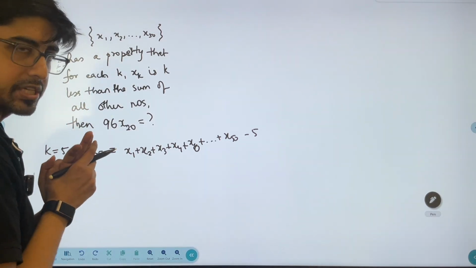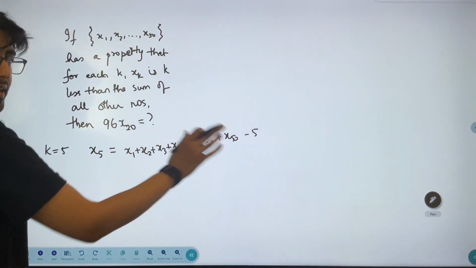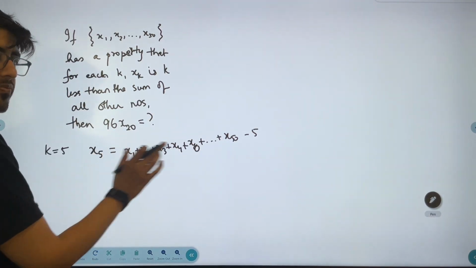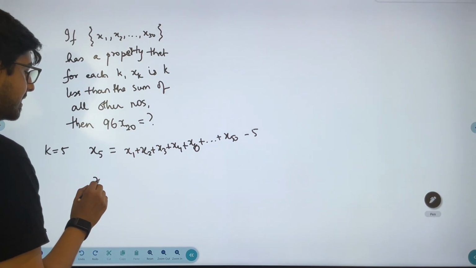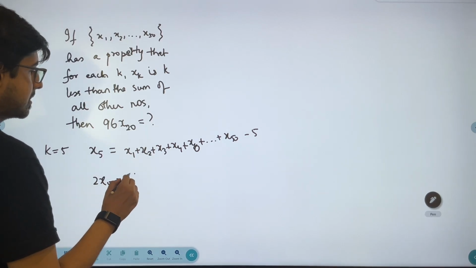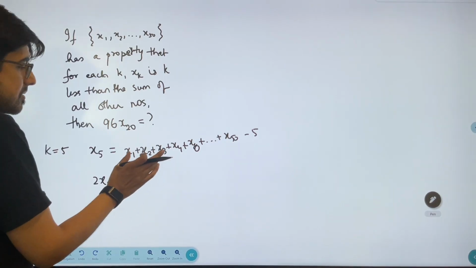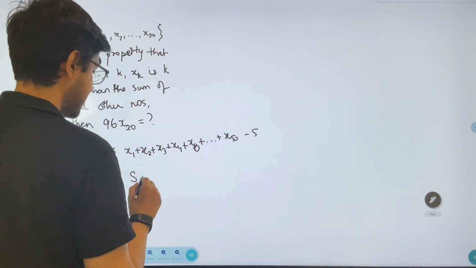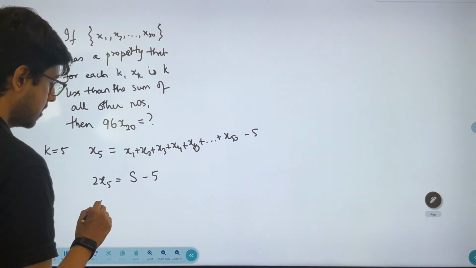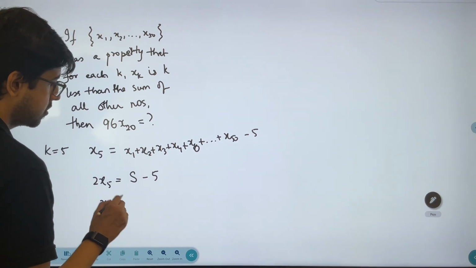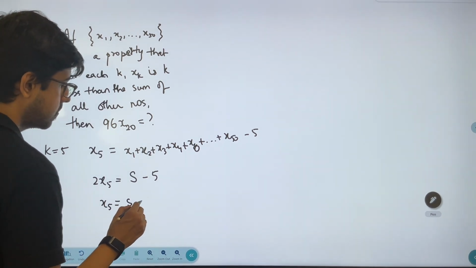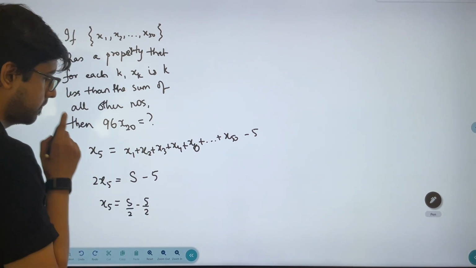It's a very simple question when you think about it. Now, if this is the equation, right? If I add x5 on both the sides, I will get 2x5 is S, where S is the sum of all the 50 terms because I've added x5 on both the sides, minus 5. So x5 is going to be S by 2 minus 5 by 2.